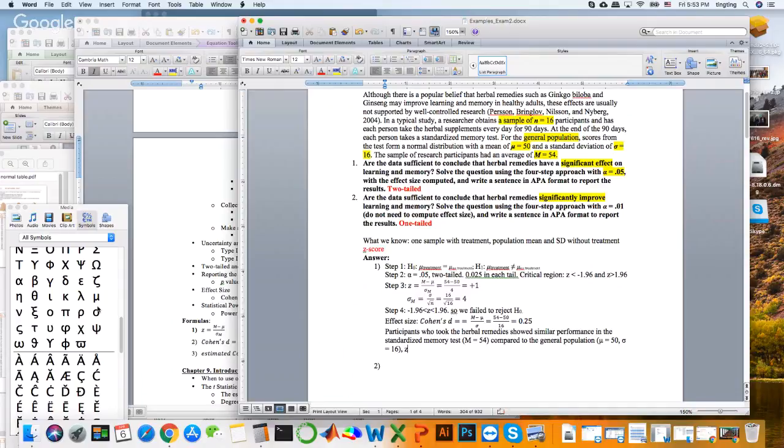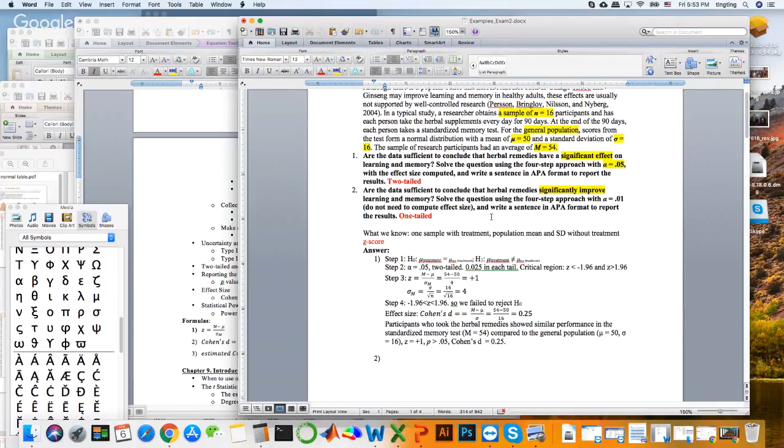And then we need to report z equals positive 1. The p, because it's not in the critical region, means p is greater than the alpha 0.05. And then we also report Cohen's d equals 0.25. So that's it. We solved the first question.